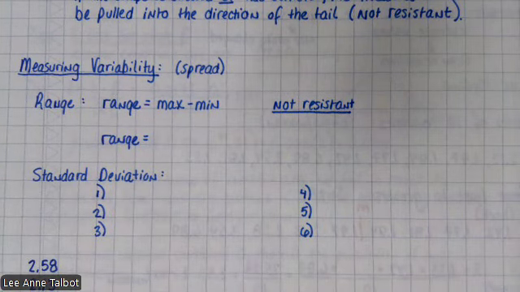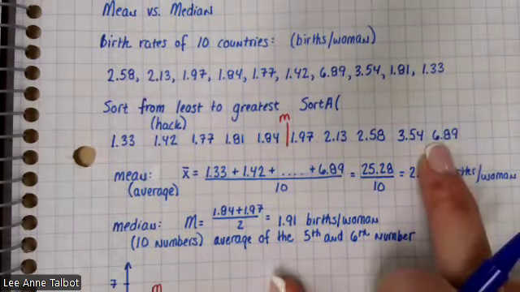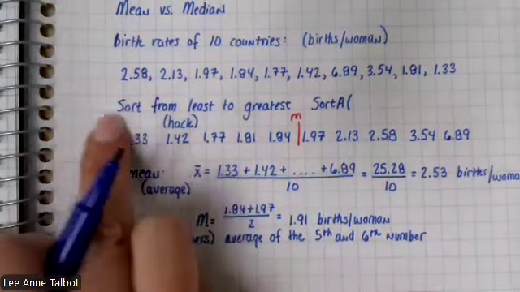So for our previous example, the birth rates, the max was 6.89. The min was 1.33.